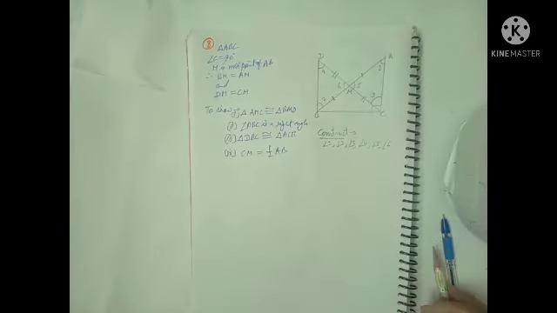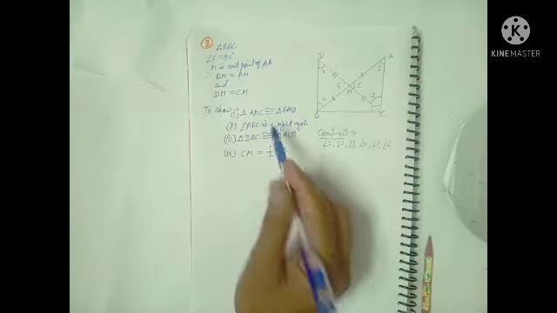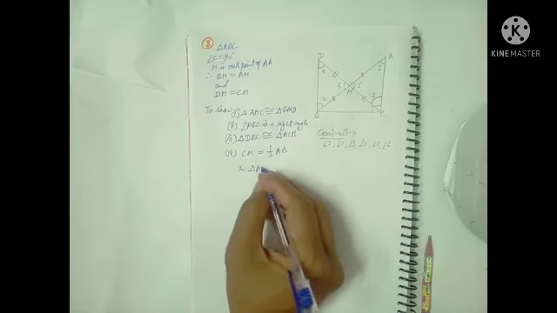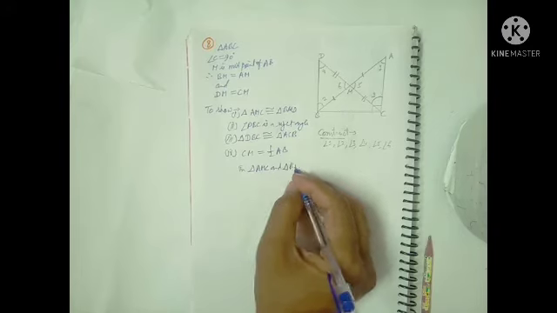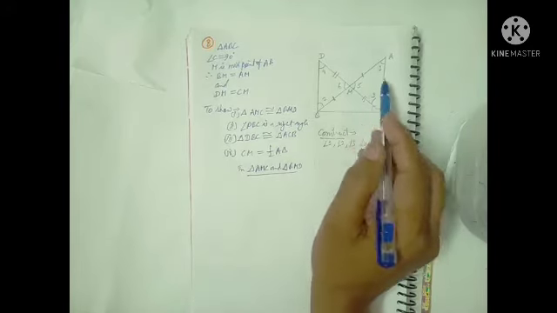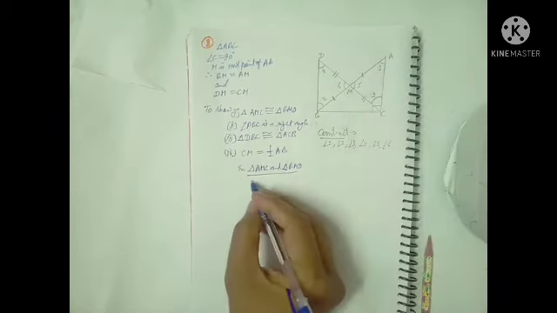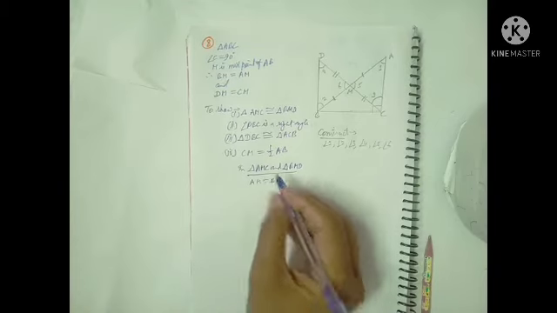Now hereafter students will start with triangles AMC and BMD. In triangle AMC and triangle BMD, what can we observe? You know that AM is equal to BM. It is given. AM is equal to BM given here.